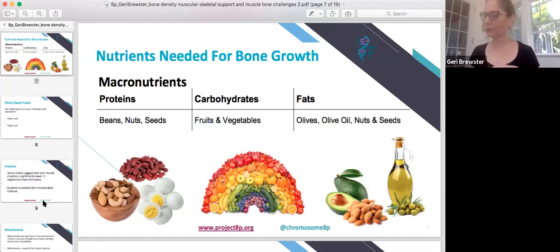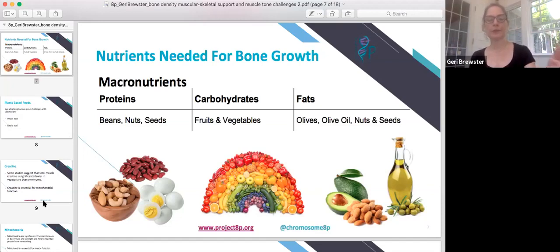Again, I just want to make sure I've already covered a lot, so here are the macronutrients for bone growth. We need proteins. Of course, animal protein is fine, but a lot of people are more focused, both for environmental reasons as well as for health reasons, on plant-based, and that's excellent, but certainly lean, clean, well-sourced, humanely produced animal proteins are fine.